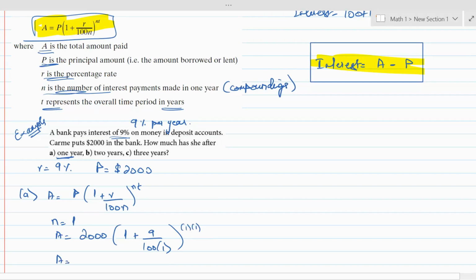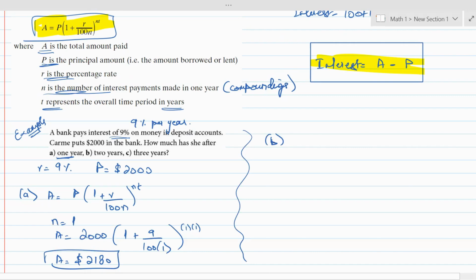So amount after first year, we are getting as 1 plus 9 divided by 100, multiplied by 2000. So you're getting this as 2180. So 2180 is the total amount in the bank after 1 year.